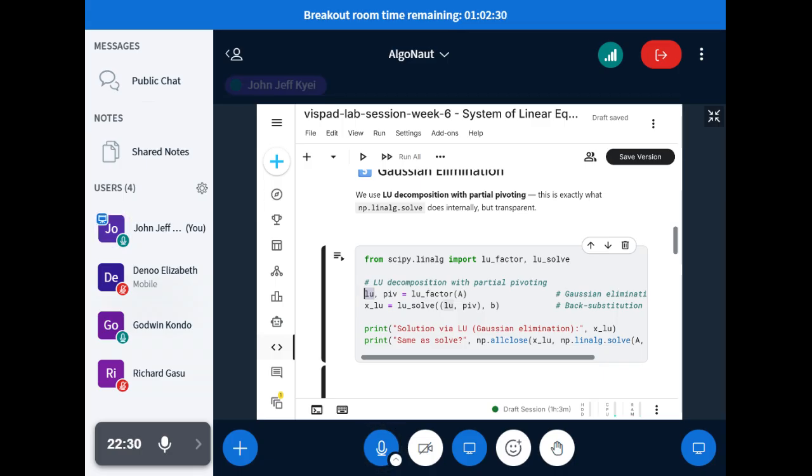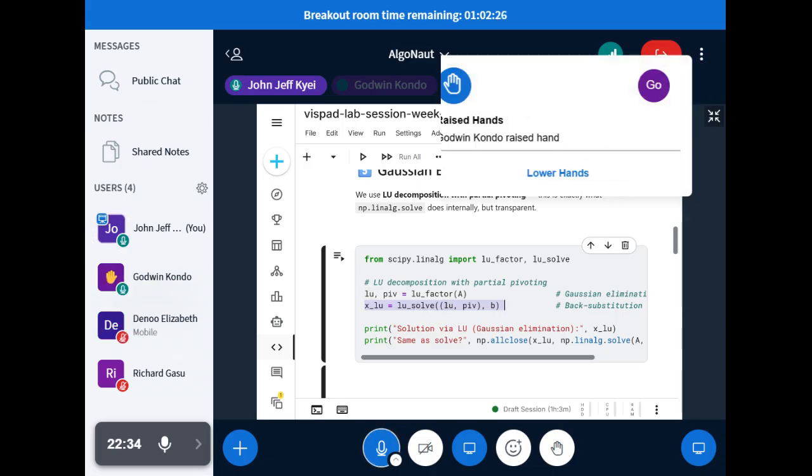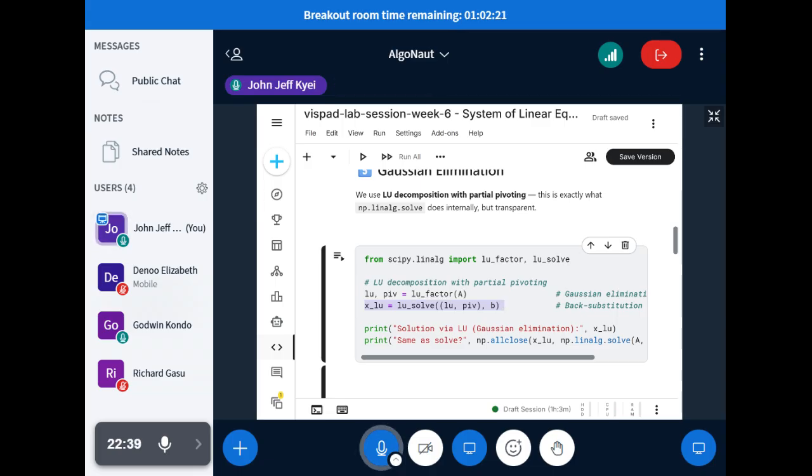Then we pass the results onto this line, and that's where the actual solving takes place. The whole workflow is to factor the matrix once, break it into lower and upper triangles with pivoting, and use that factorization to solve the system.